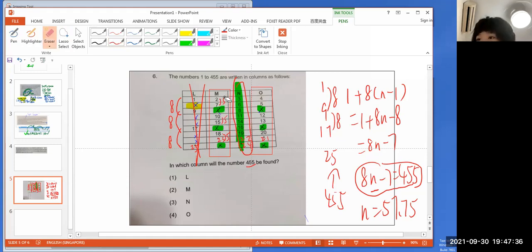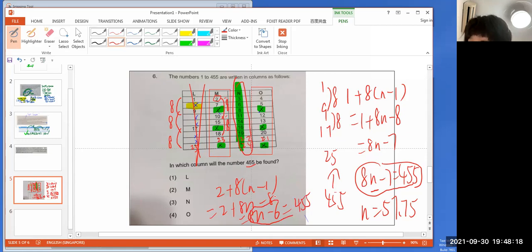So what's the pattern for M? In fact, you can also choose a bigger jump. 2 to 10, 8. 10 to 18, 8. Then 18 to this, so that's also 8. The first number in this case is 2, so 2 plus 8n minus 8, so it's 8n minus 6. Equate it to 455 and see if you can find a whole number.